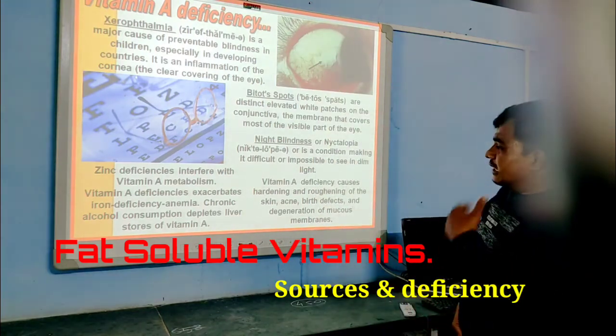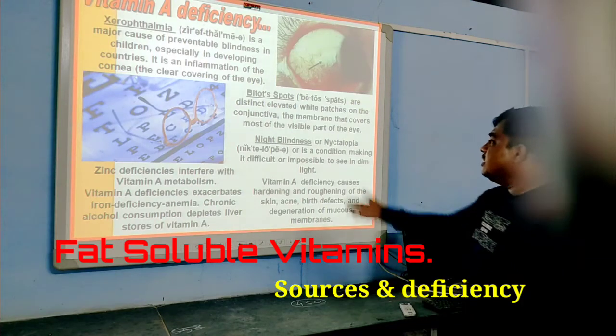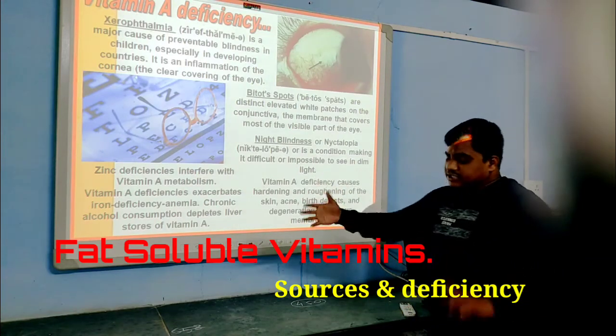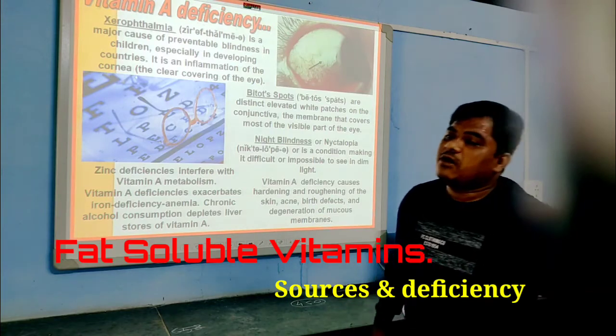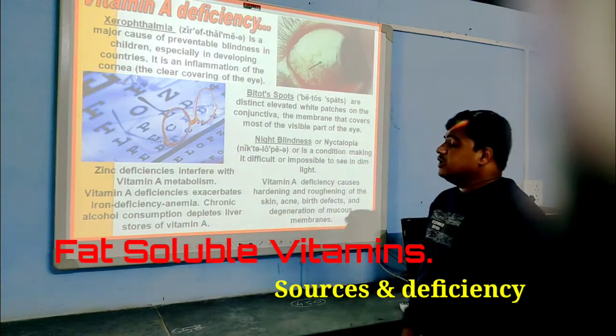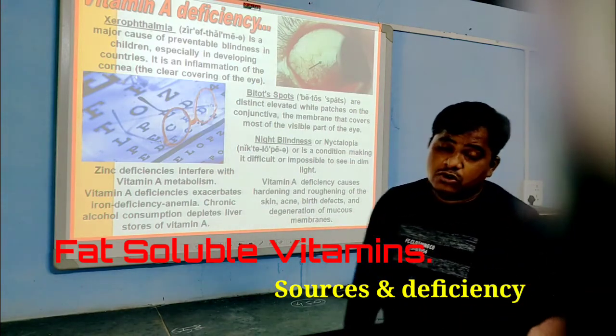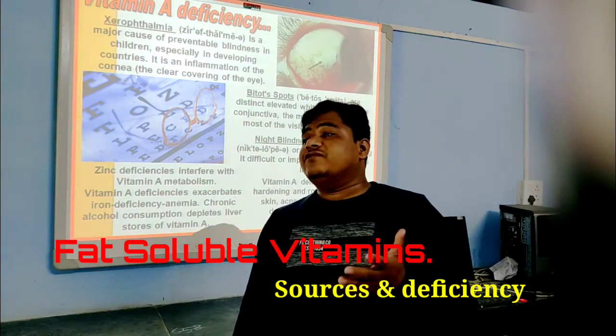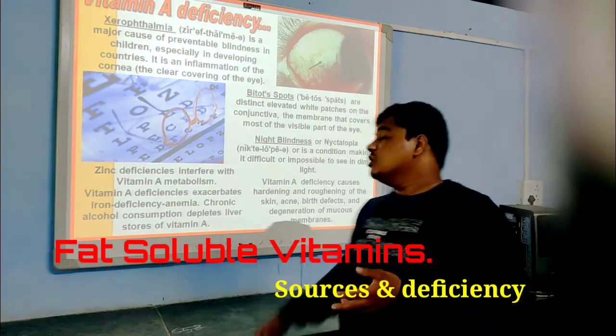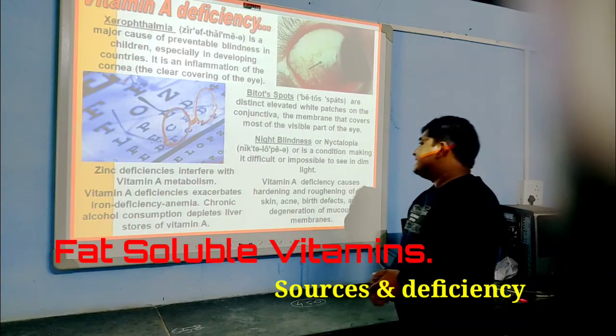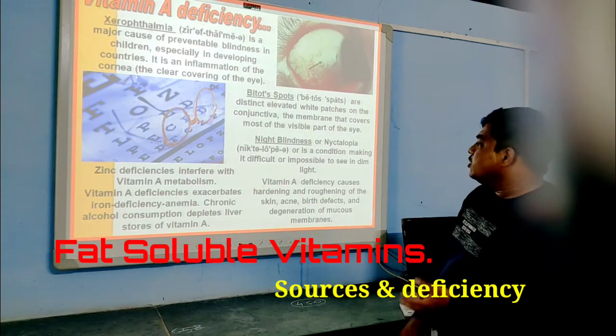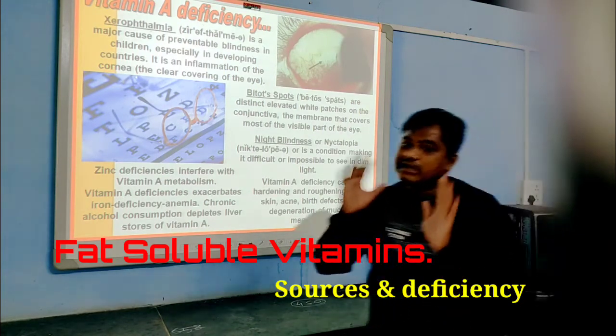And the next deficiency is night blindness. It is also a common disease found if we do not take enough vitamin A in our diet. Night blindness is a condition making it difficult or impossible to see in dim light.